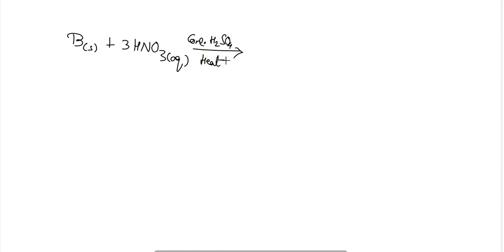Next, boron is generally inert at lower temperature, but at higher temperature it will react with a mixture of dilute HNO3 and concentrated H2SO4. But temperature must be kept higher here in order to form boric acid, which is one of the famous compounds generally used for medication purposes also.